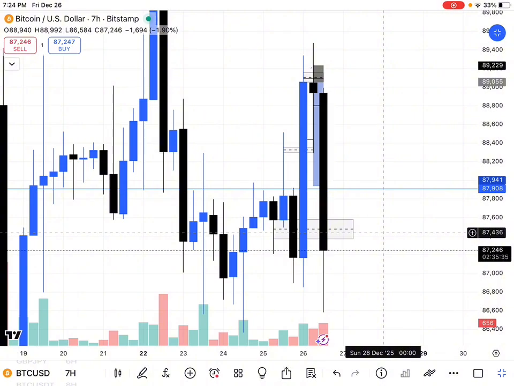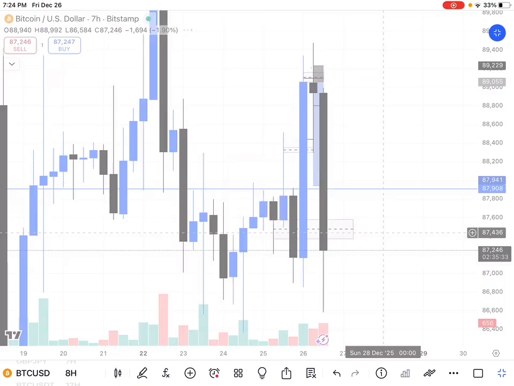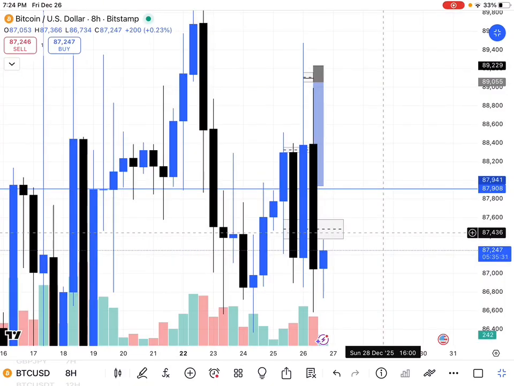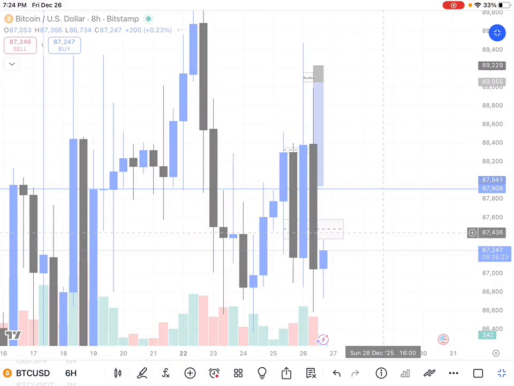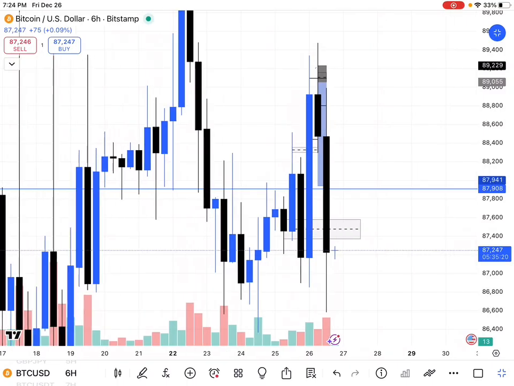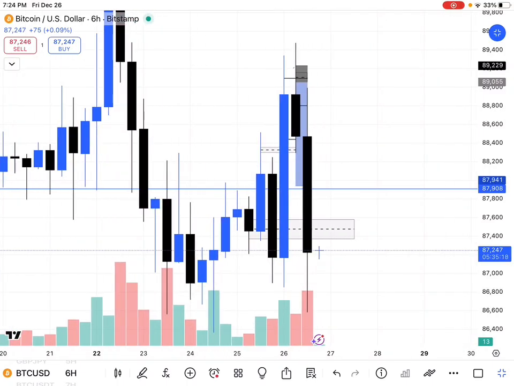If you go on the 8-hour, you are not going to see it, just on the 7-hour. I think you should be able to see it on the 6 hours or so. Let me see if that's it. Okay, you can also see it on the 6 hours. So even for the 6-hour time frame, you need the paid TradingView so you can customize your time frame. You understand? So yeah, let me show you.